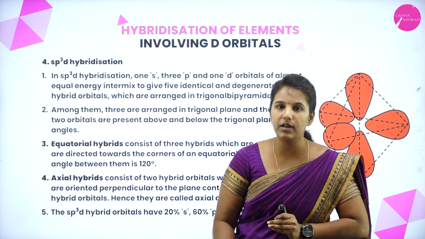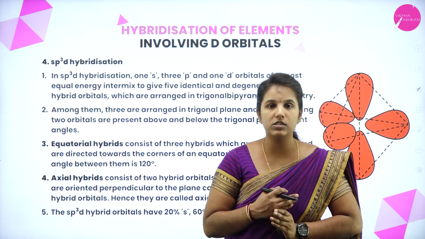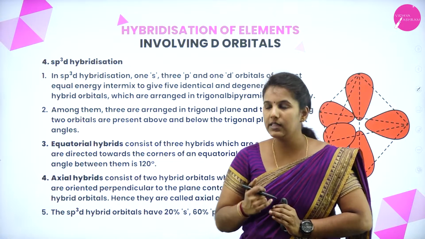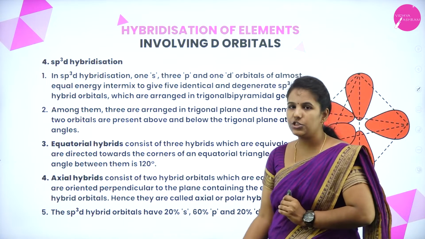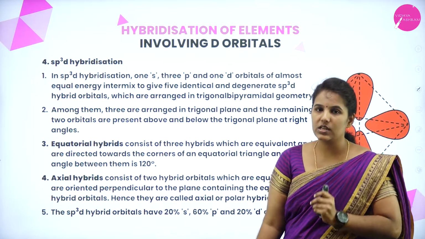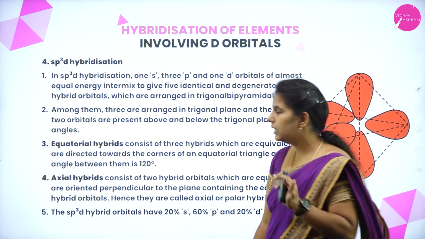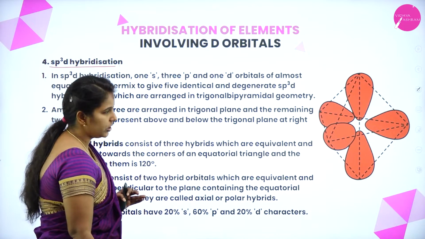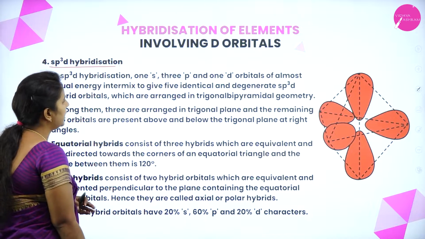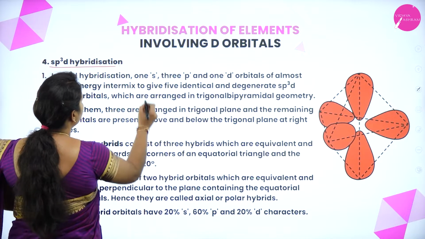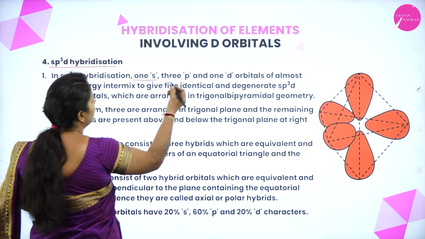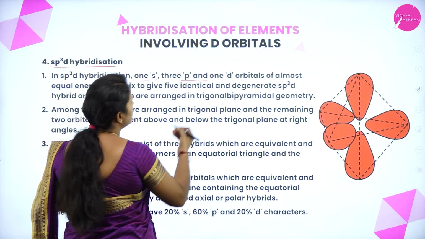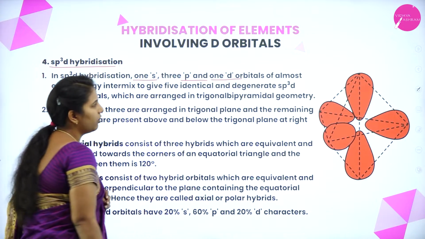This kind of hybridization always involves the d orbital. Hence, we name it as hybridization involving an element which consists of d orbitals. Now, let us see what sp3d hybridization is. In sp3d hybridization, we have 1 s orbital, 3 p orbitals, and also how many d orbitals?